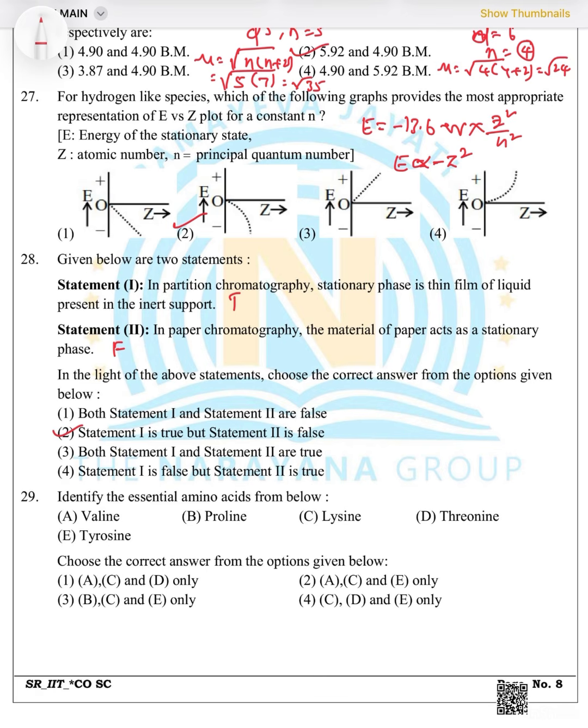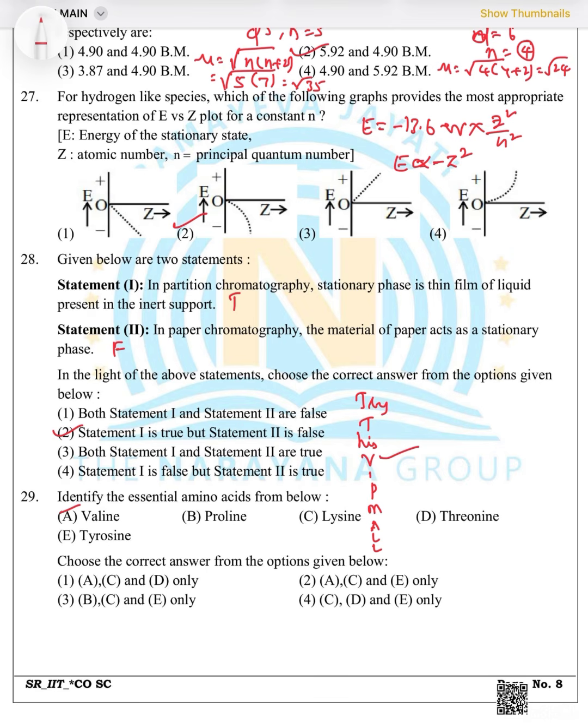Next, identify the essential amino acids from below. To find out essential amino acids, we discussed one trick, that is try this: VIP TIM HALL. Right? Tryptophan. So valine is present. So this is an amino acid.